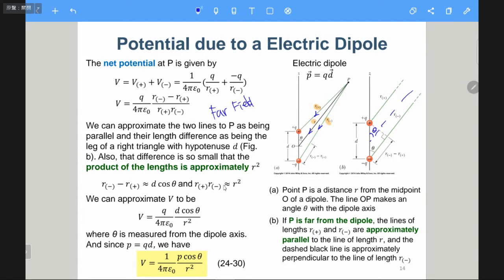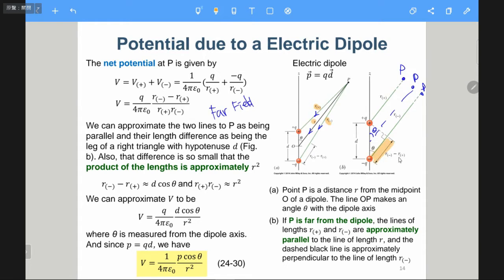Next, we will try to find the approximate value of R minus minus R plus. Assume that our point P is infinitely far away, then R minus minus R plus will be this segment.